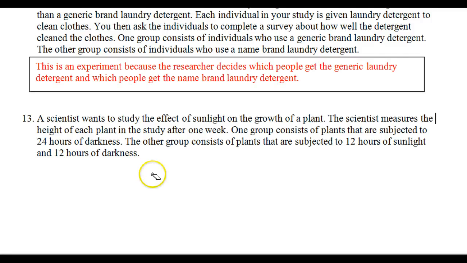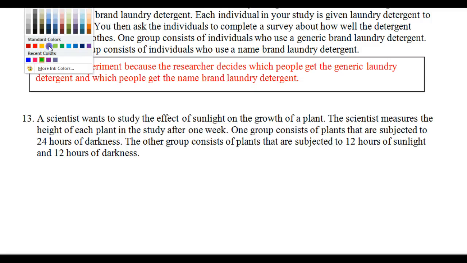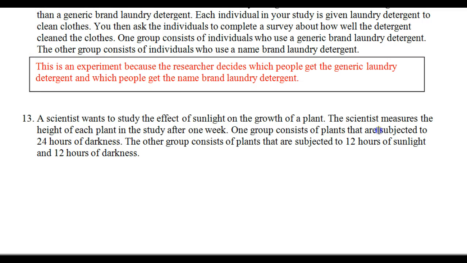Are they just looking at plants that happen to be growing under these different conditions, or are they controlling it? And again, it's all about the vocabulary, I guess. To me, this word right here, the plants are subjected to. When you subject something to something, you're doing it on purpose.